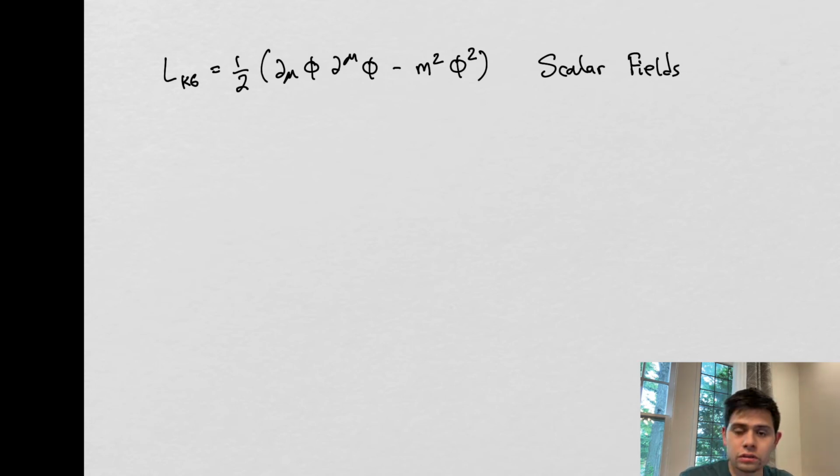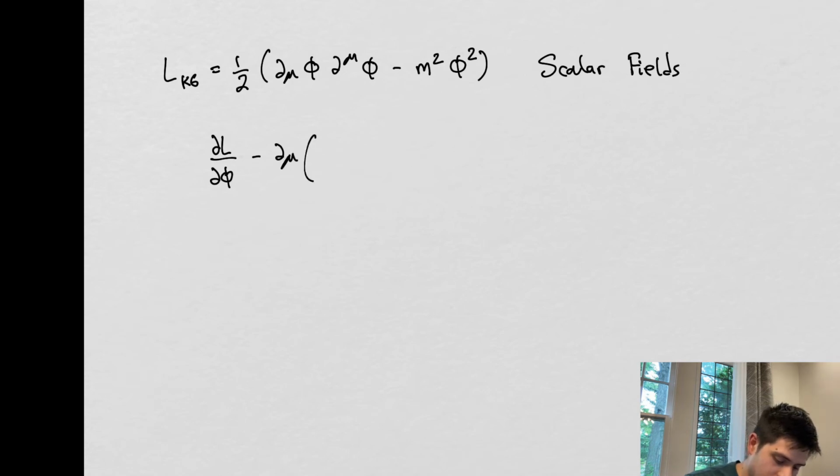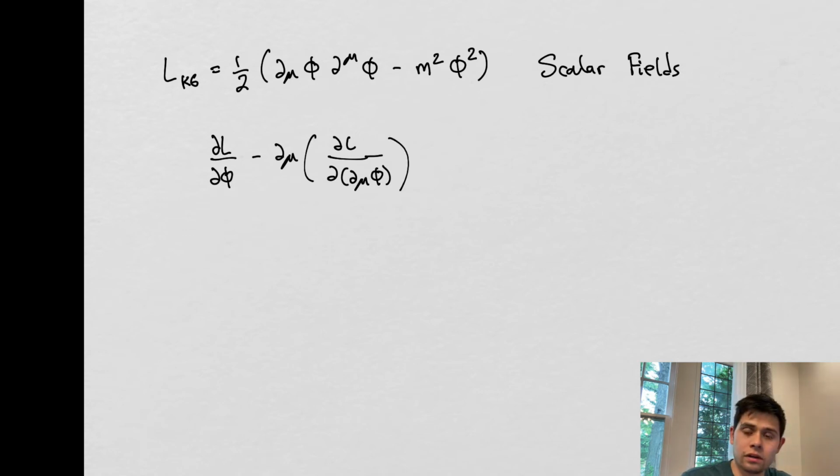Euler-Lagrange equation to this. And if you recall, the Euler-Lagrange equation looks something like this. So we have the derivative of the Lagrangian with respect to the field values, minus the derivative of the derivative of the Lagrangian with respect to the derivative of the field values, equals 0.